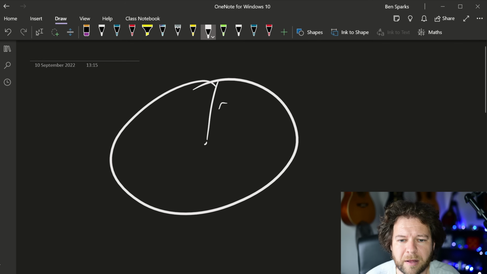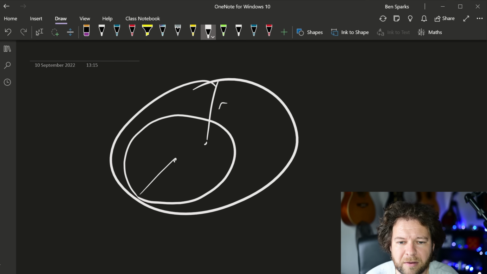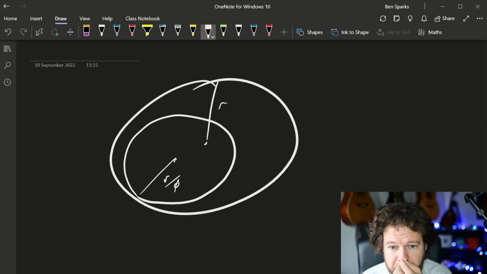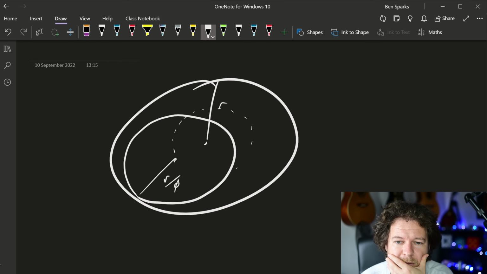That's radius 1. And I want another circle, say touching here, which has a center here, and this radius is r divided by the golden ratio. And I want to find out what that place is, so I need that distance there.